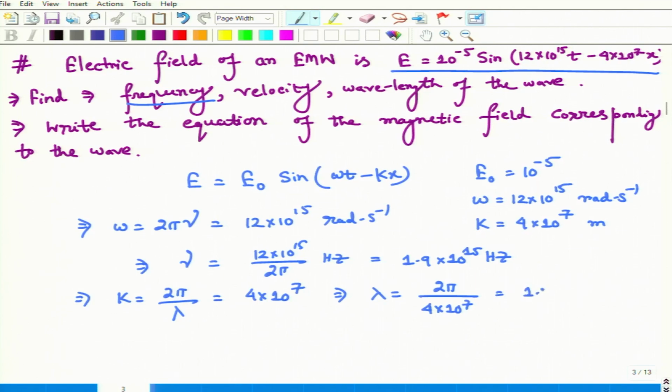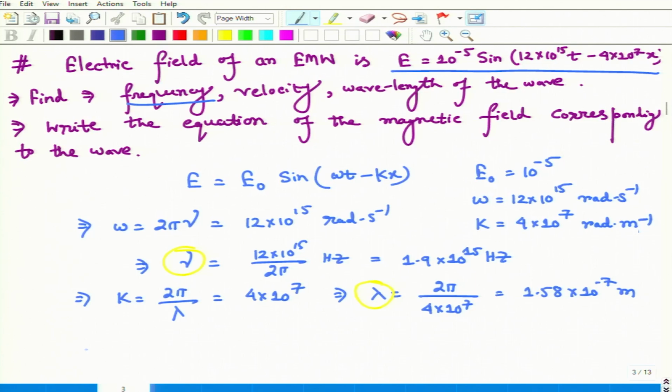So it is actually 1.58 into 10 to the power minus 7 meter. Okay, so this is our wavelength. One minute. So 2 pi by lambda, so it should be radian per meter. Yes. Okay, now it's correct.